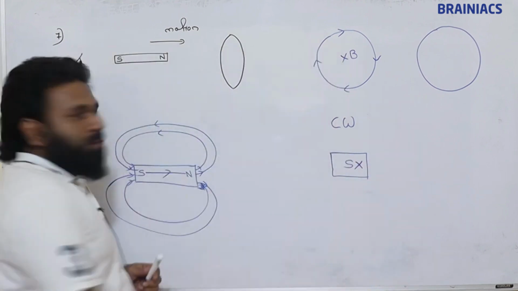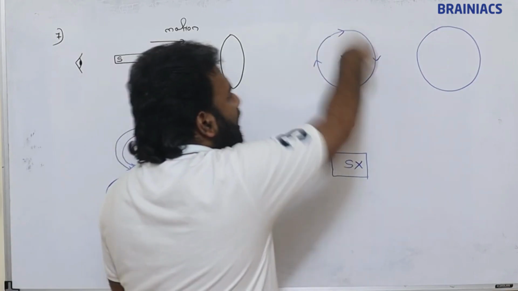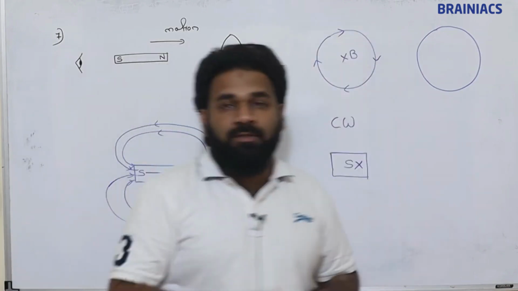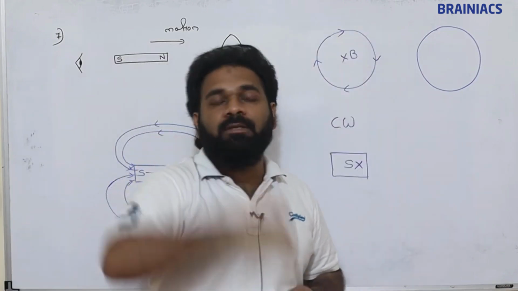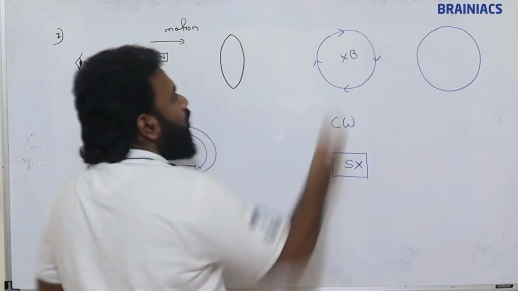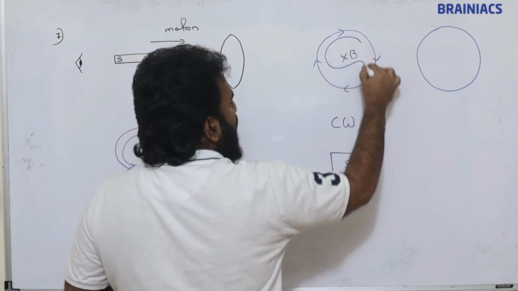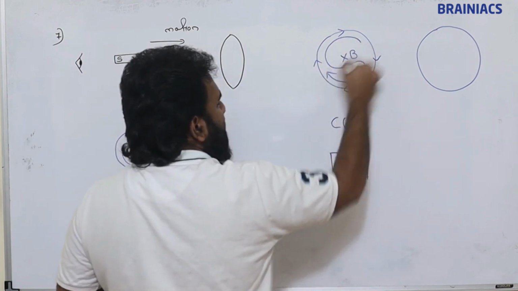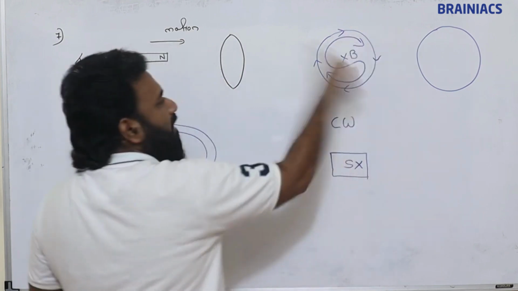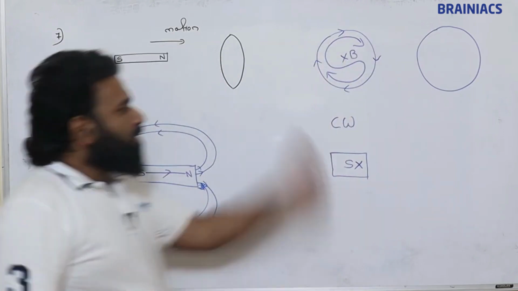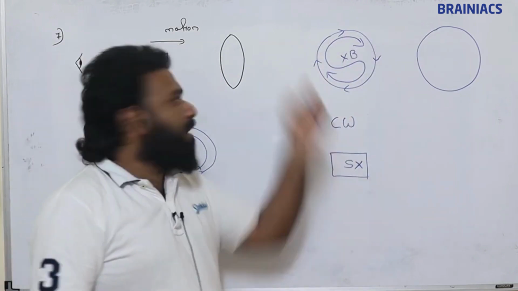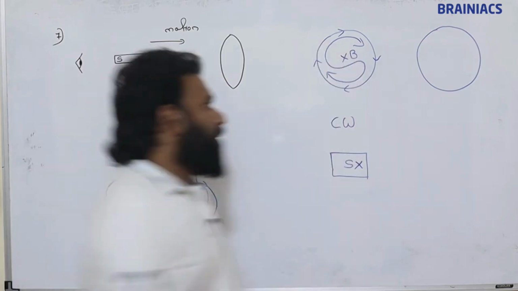So where current is running in clockwise direction, that end will be acting as the south pole. That is why we show a sign like this, S. South pole, clockwise, magnetic field going inside.